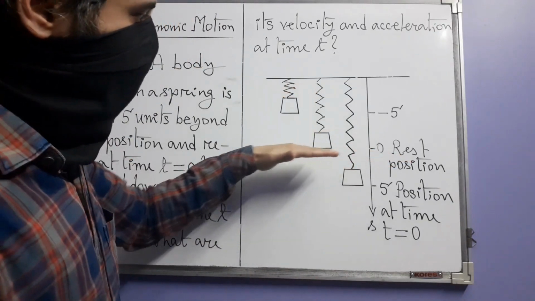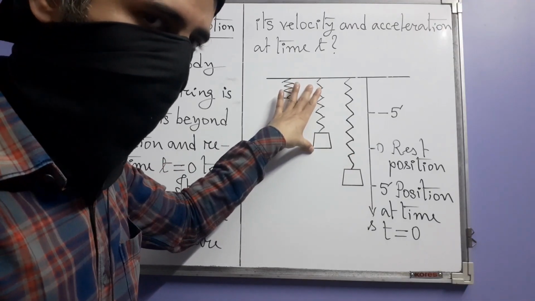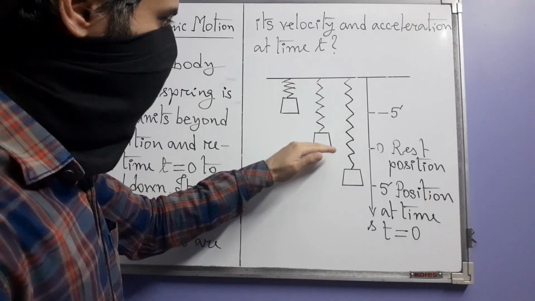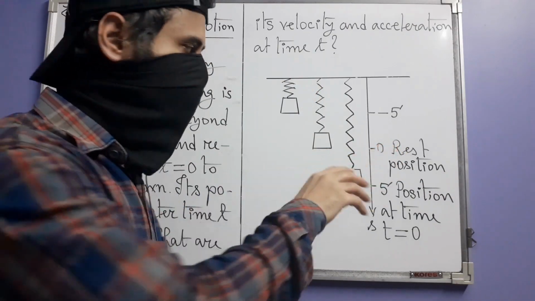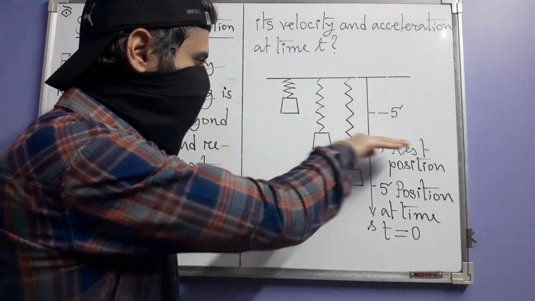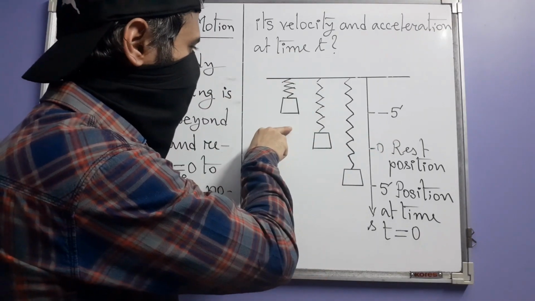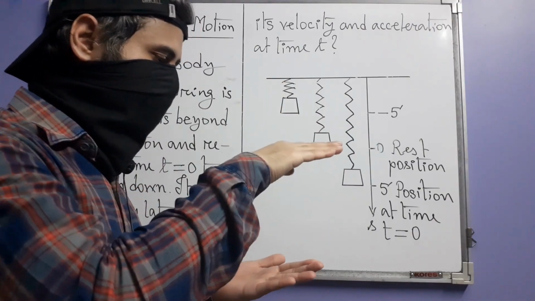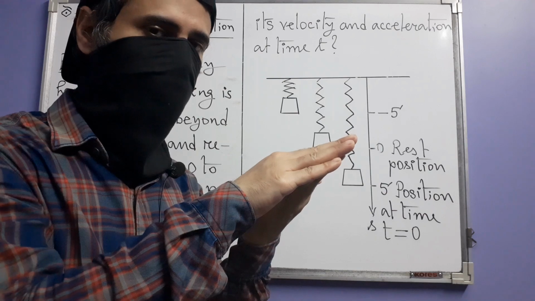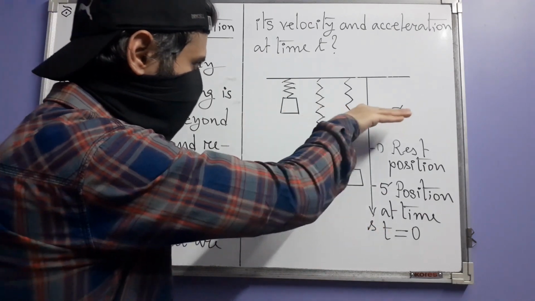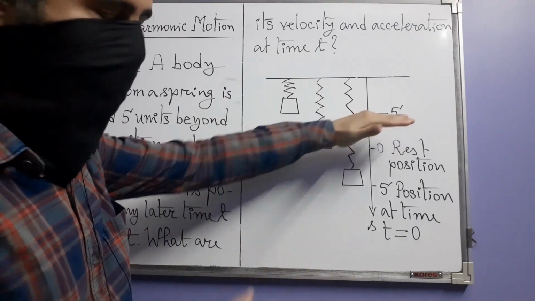So after some time that state is regained, but of course due to inertia the system does not just abruptly stop there. The body overshoots this rest position and goes above that. And in that part of the journey, the spring gets compressed. Okay, and the body finally assumes some maximum height, which of course will be -5 here.